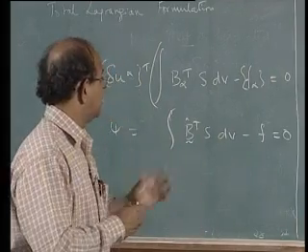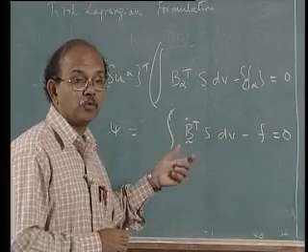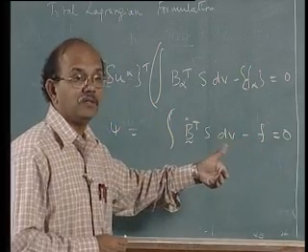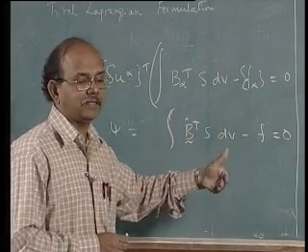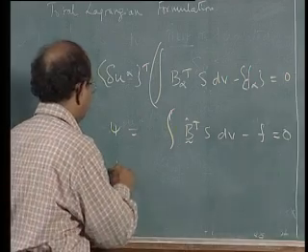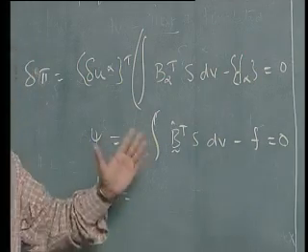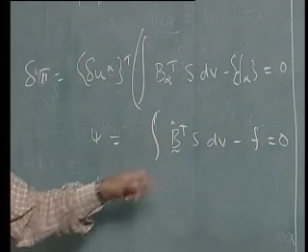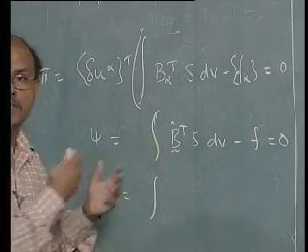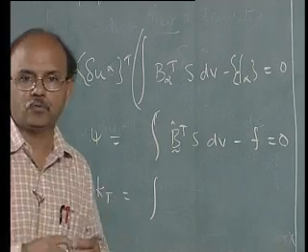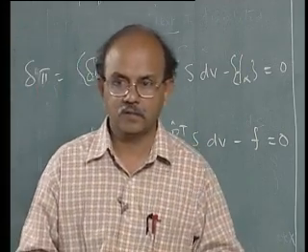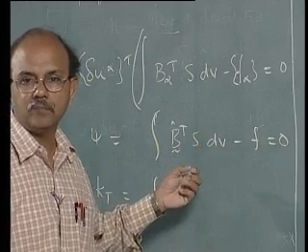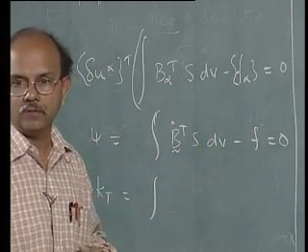Now, since B involves U, and F may also involve U, when I want to calculate KT, I will have 3 terms. The first term is very similar to what we did in the last class, that is B transpose ∂S/∂U.